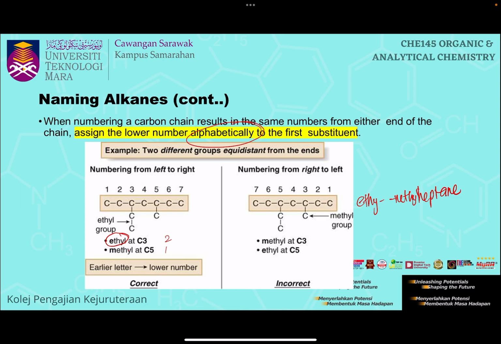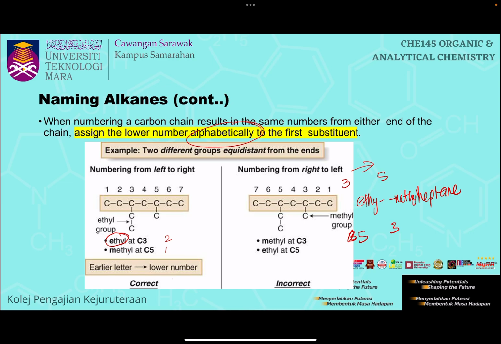On this left, it will give you 3 and 5. On this one it will give you 3 and, ethyl will be 5 and 3. So in this case, we go from 3 to 5, small to big.